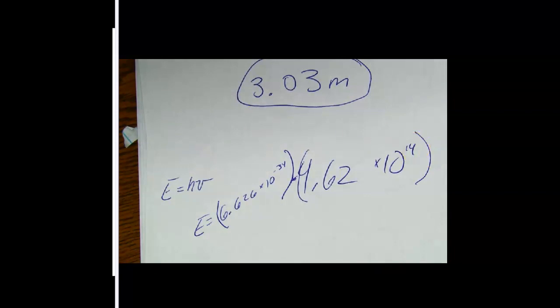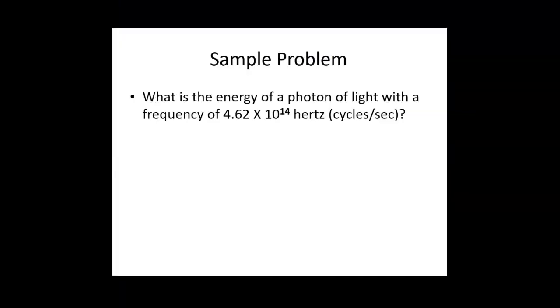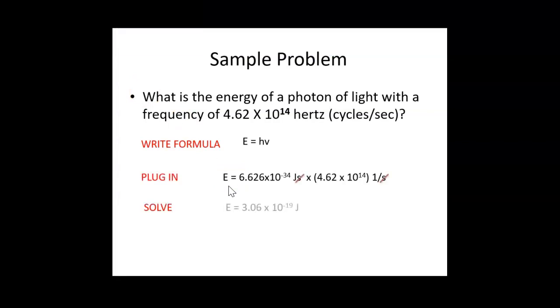And that's how you would set it up. Your answer should be 3.06 times 10 to the negative 19th.